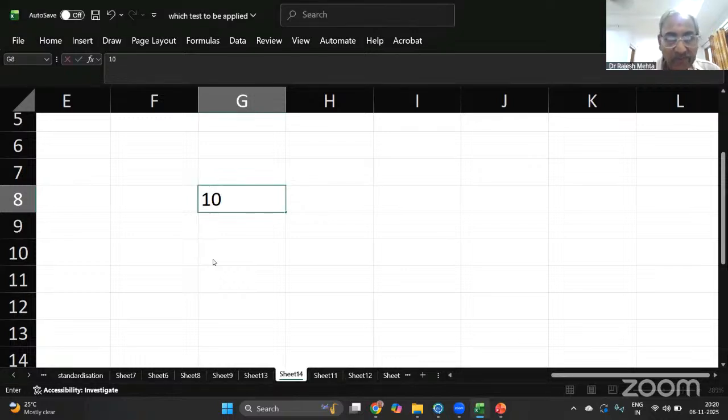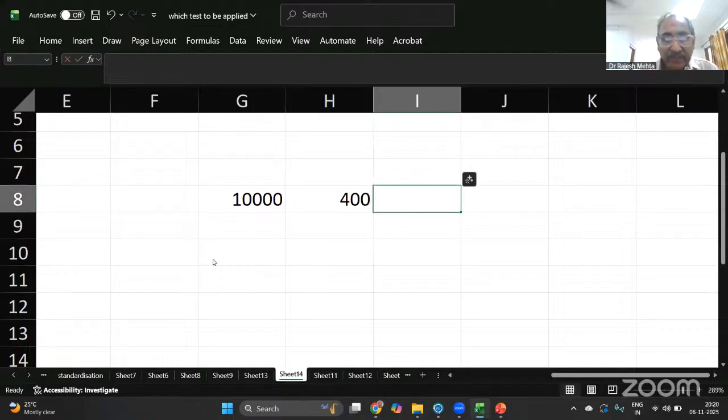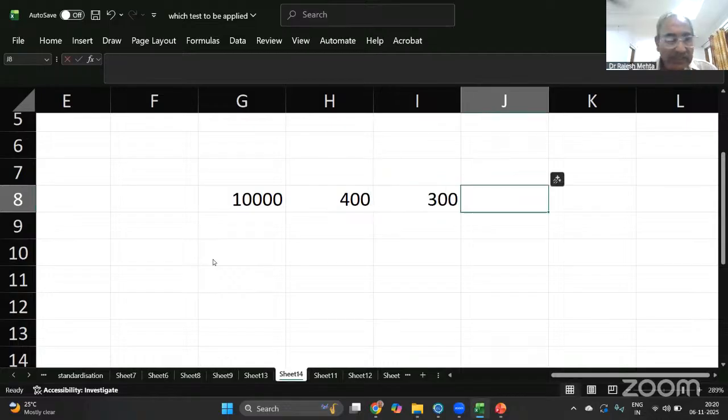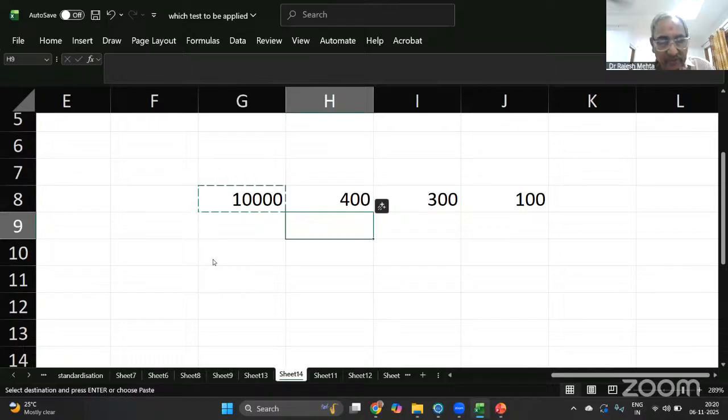We have a population of 10,000, right? We have taken a sample of 400, out of which 300 are happy, 100 are not happy. Based on this, you want to say how many will be happy in 10,000 population? Let us keep it over here.